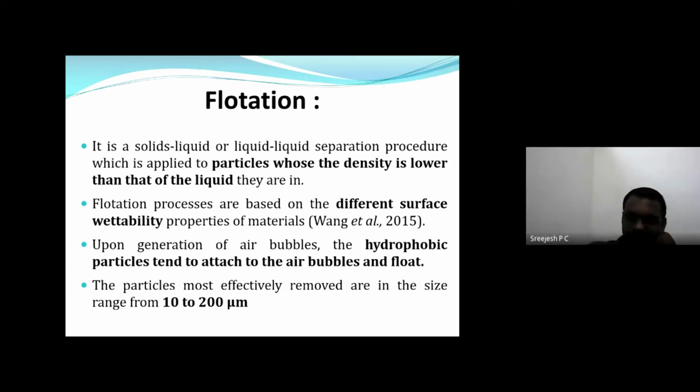Generally, when you are using flotation as a technique for removal of solid and liquid, we can efficiently remove particles in the range of 10 to 200 micrometers in size.